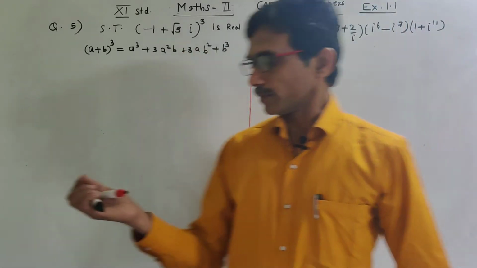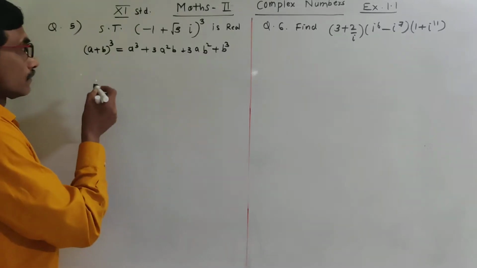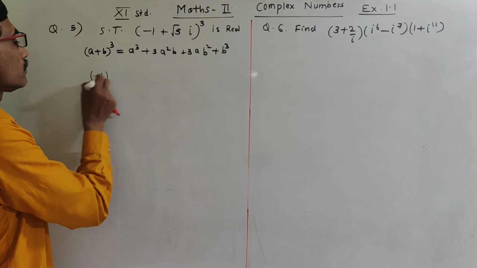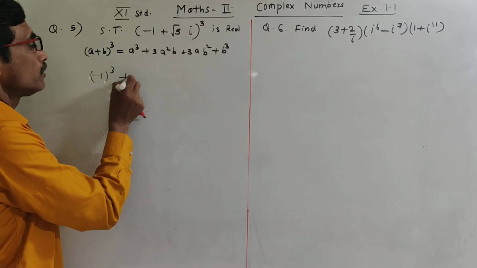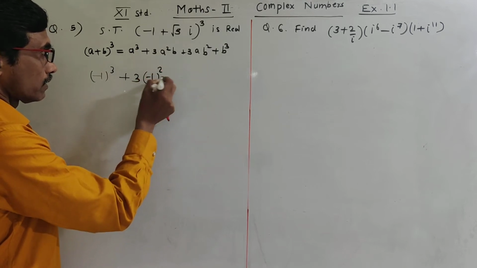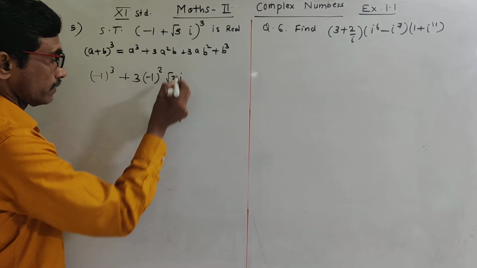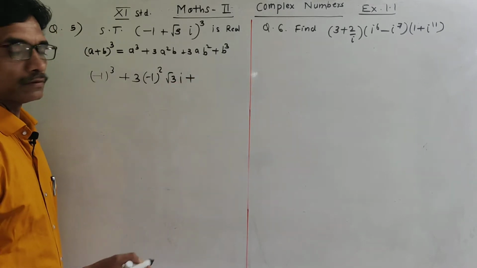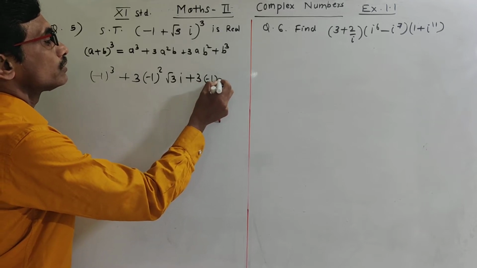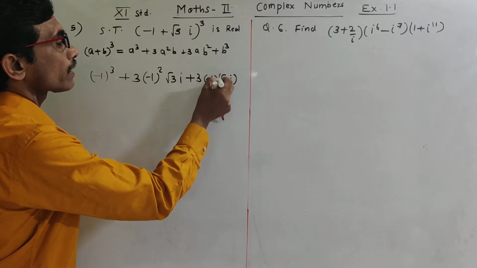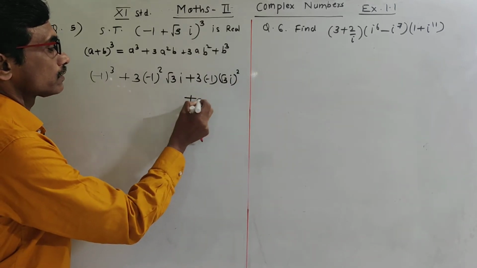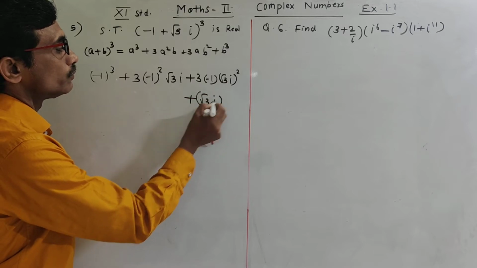The expansion will be: here (-1) cube, then plus 3 into a square, a square is (-1) square, into √3i, plus 3 into a, which is -1, into (√3i) square, and plus b cube. b cube means what? (√3i) cube.